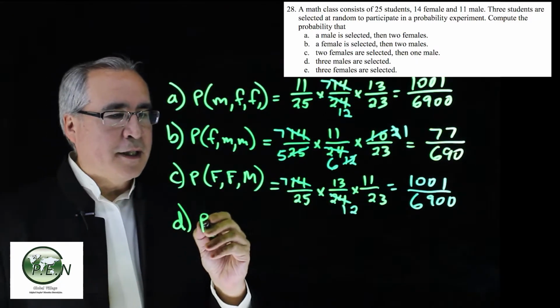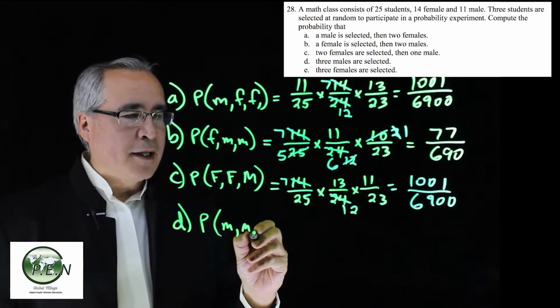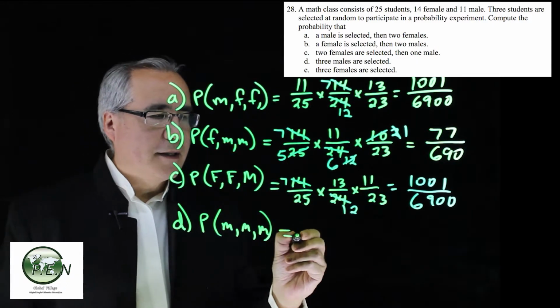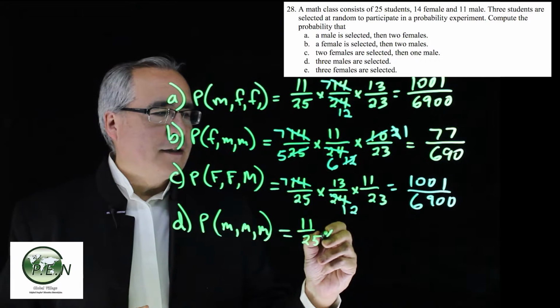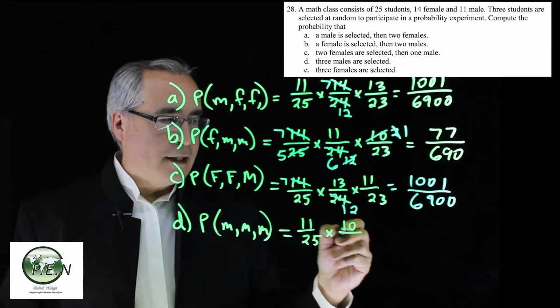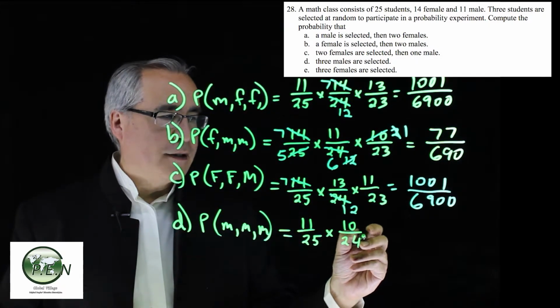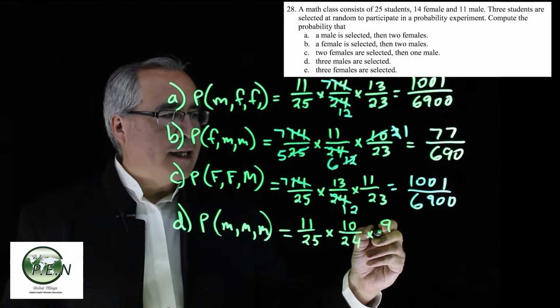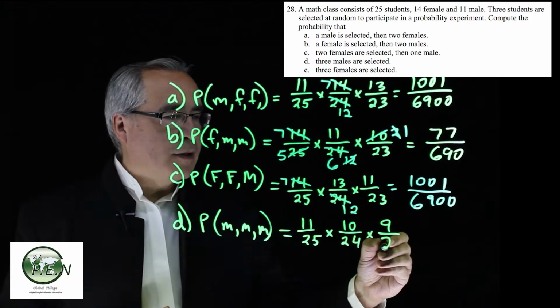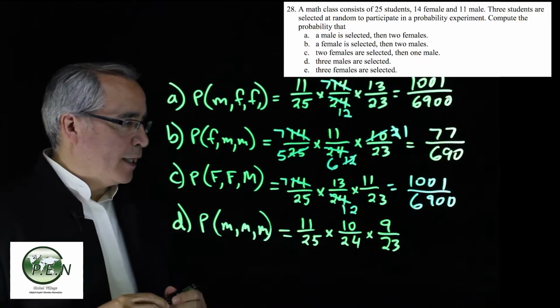Okay, doing okay? Let's see the D question. It's the probability of getting male, male, male. So the first male, 11 out of 25. Second male is 10 out of 24 students. And the third male is going to be, there's only 9 left out of 23 students. Okay.